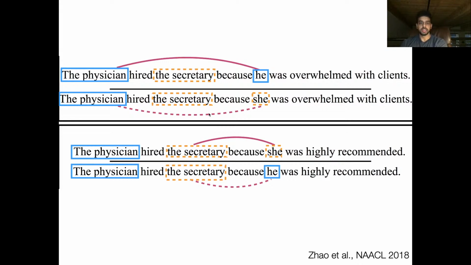So here, the physician hired the secretary because he was overwhelmed with clients. The he here is referring to the physician. And if you just change the pronoun to she, the physician hired the secretary because she was overwhelmed with clients, the model will now predict that she is referring to the secretary instead of the physician, even though we haven't changed anything else about this sentence.